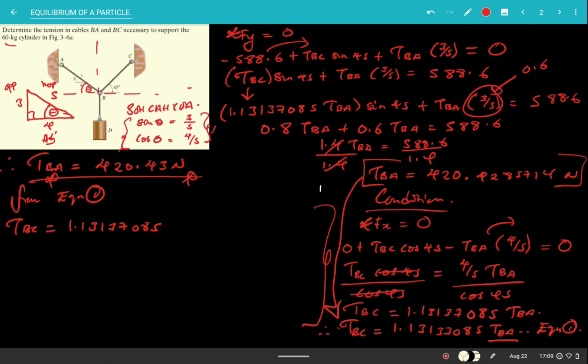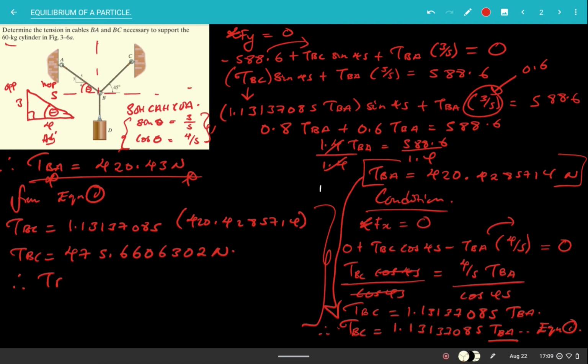But TBA is found to be 420.4285714. So if I compute this, TBC is going to be equal to 475.6606302 newtons.